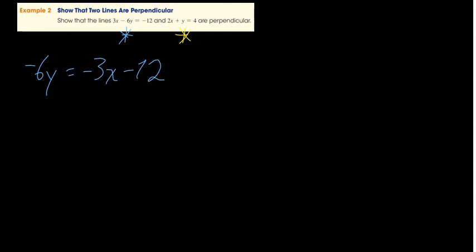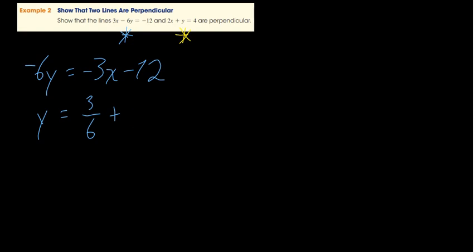So y is equal to negative 3 over negative 6, that's going to be a positive. We're not going to jump ahead of ourselves a little bit. And then it's going to be plus 2. Oh, and we're going to fix that fraction, it's supposed to be negative 6.